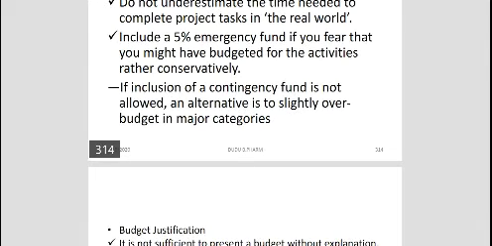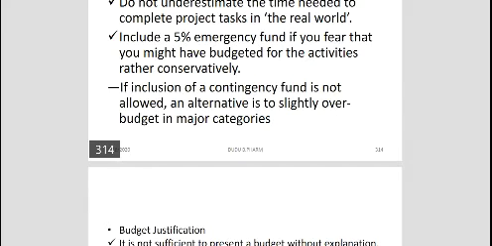If inclusion of a contingency fund is not allowed, an alternative is to slide over budget in major categories. For example, you may have these major categories. You may have budgeted them to get this 5% because some proposal guidelines do not allow you to have this emergency fund. They want a realistic budget.